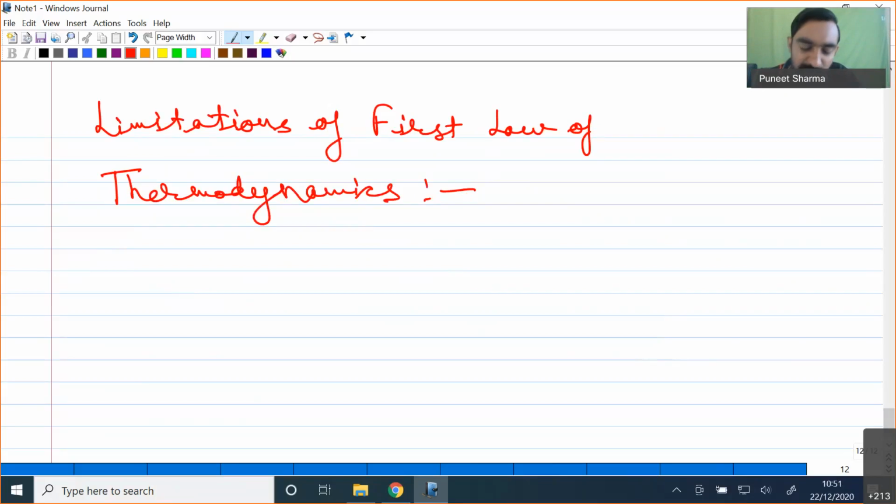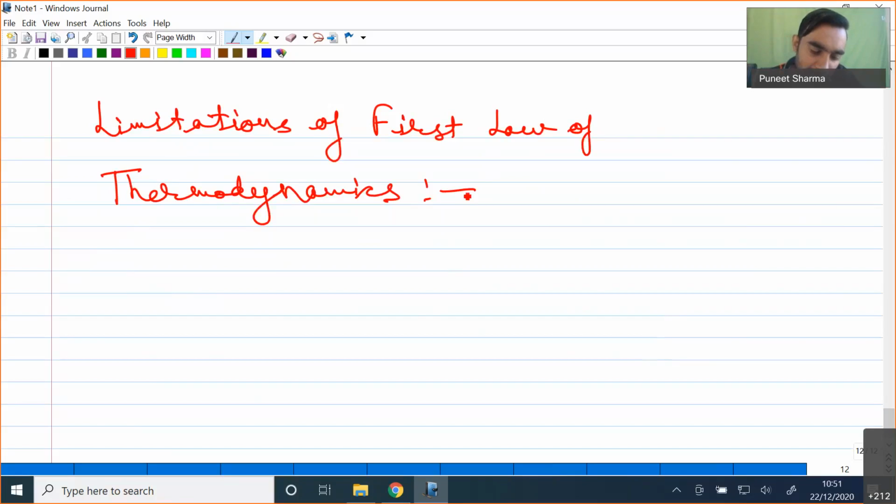In terms of first law, the main concept is that energy conservation should be satisfied. Total amount of energy should remain conserved, and in different thermodynamic processes one type of energy can change into another type.